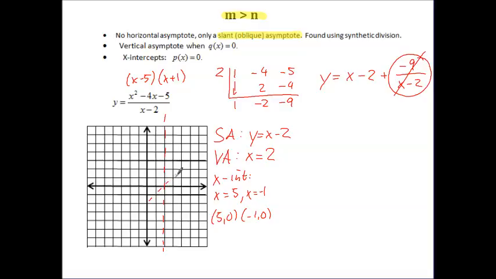In other words, here goes our slant asymptote. And let's put in our two intercepts. Our two intercepts are at +5, x-intercepts I should say, and the other x-intercept is at -1.